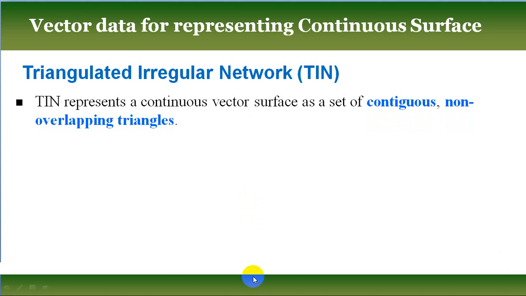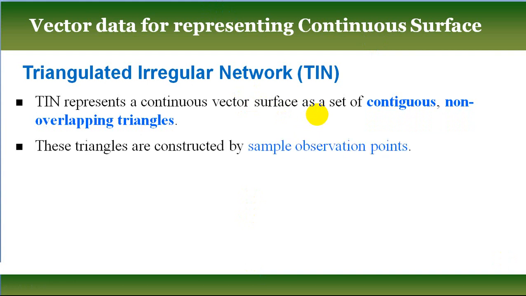TIN represents a continuous vector surface as a set of contiguous non-overlapping triangles. These triangles are constructed by a few sample observation points. Now the question is, how can you collect such sample observation points?